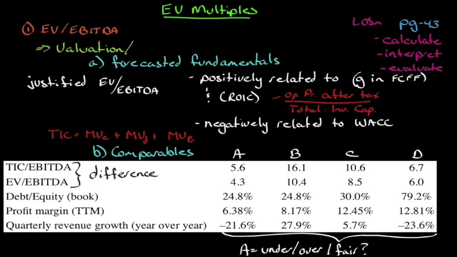Well, we can talk about a justified enterprise value to EBITDA, although we can't express it algebraically. We can express it verbally. It is positively related to growth in free cash flow to the firm. That should be obvious. And return on invested capital. Now, why not return on equity? Because this is firm level. And at the firm level, we're concerned with all the providers of capital.